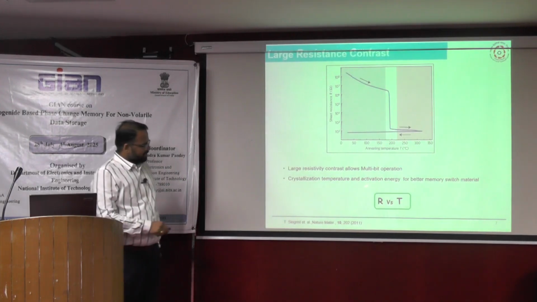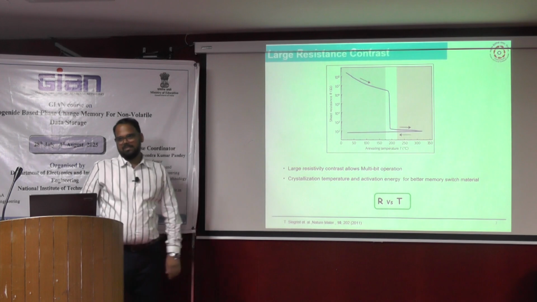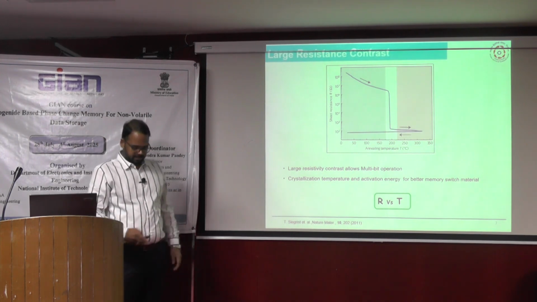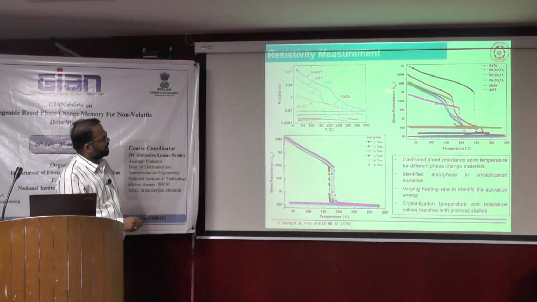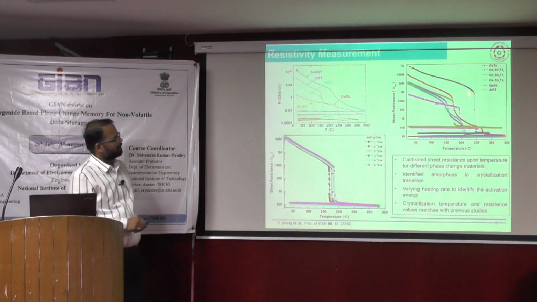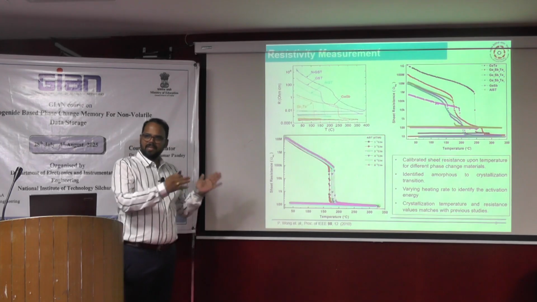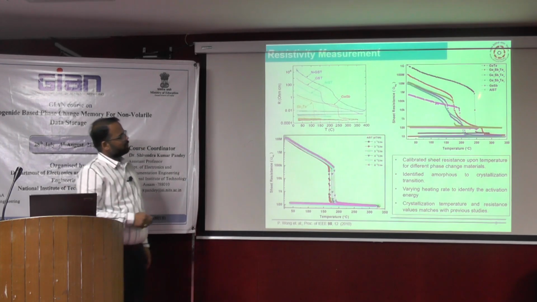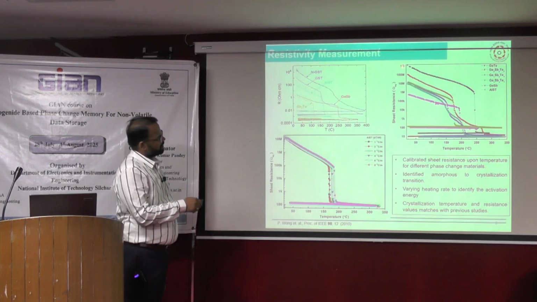As we can see, this R versus T is very, very important to identify for any material. This is some reported work, and these are various materials that have been tested to get their resistance contrast.